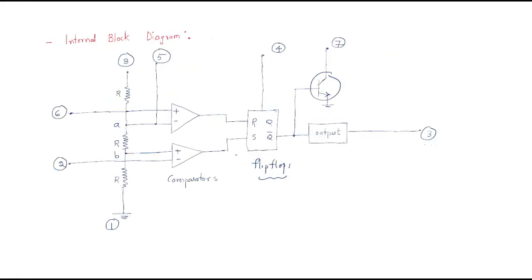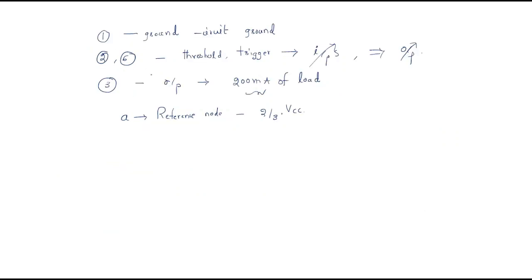Why VCC? The 8th pin is the supply, and it is supplied from here. B is also a reference, and we can write it as 1/3 VCC.